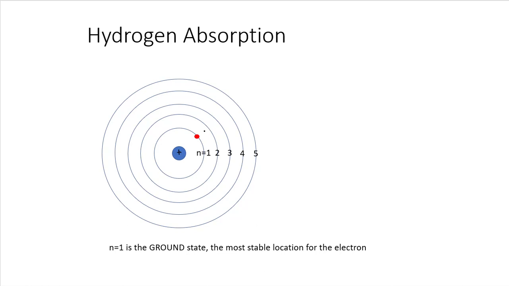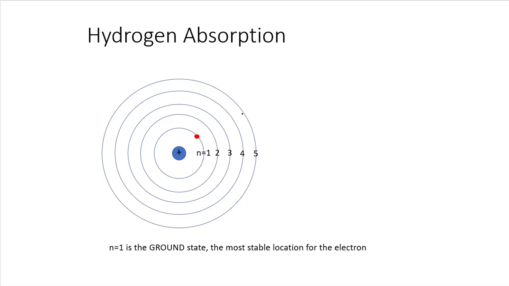So when this electron moves, it has to move a very, very specific energy gap. And the energy gap between n equals 1 and n equals 2 is not necessarily the same as the energy gap between 2 and 3, so on and so forth. We can go ahead and promote the electron from n equals 1 all the way up to n equals 5 if we want to. We would have to just be able to calculate that energy gap.